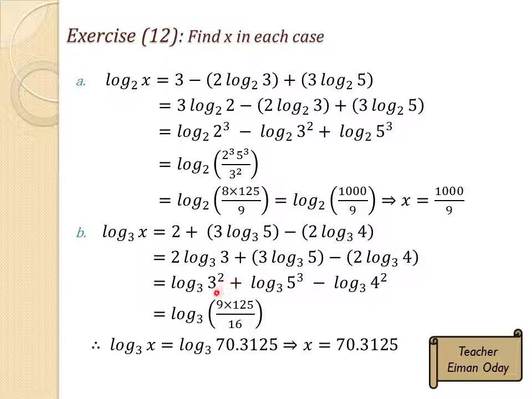Now this will be log of 3 squared multiplied by 5 cubed over 4 squared, which is 9 times 125 over 16. So log base 3 of x equals the log of that value base 3, and after simplifying it will be 70.3125, and this is the value of x.